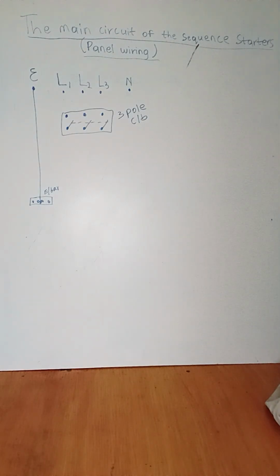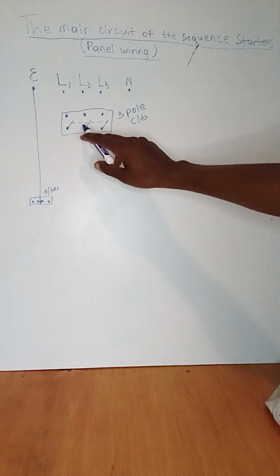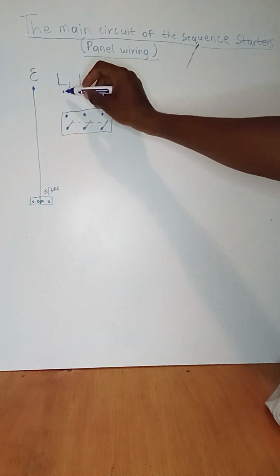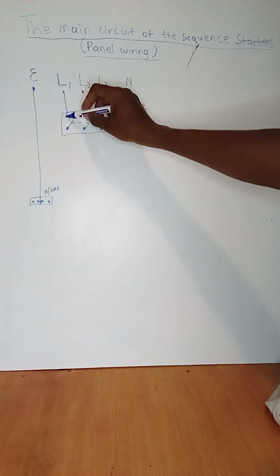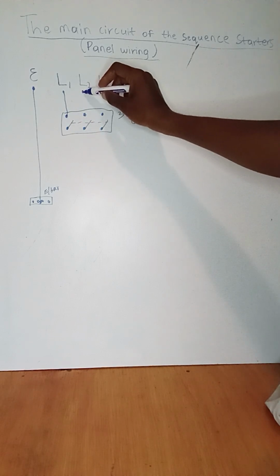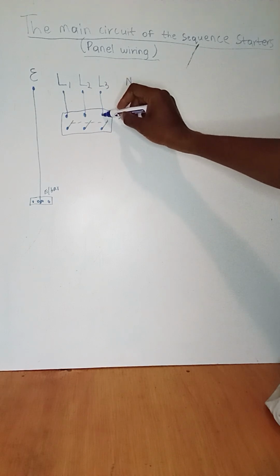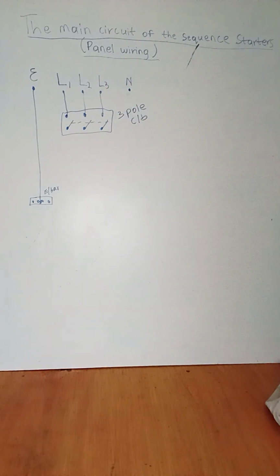Right, from there we have the symbol of the 3-pole circuit breaker. Right, this is the 3-pole main circuit breaker. So live 1 will be connected to the first top point, live 2 to the second top point, live 3 to the third top point.